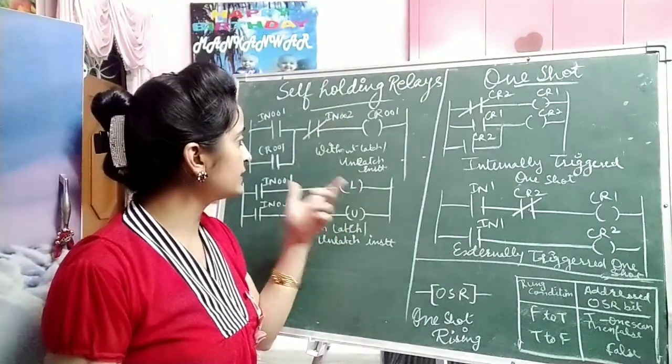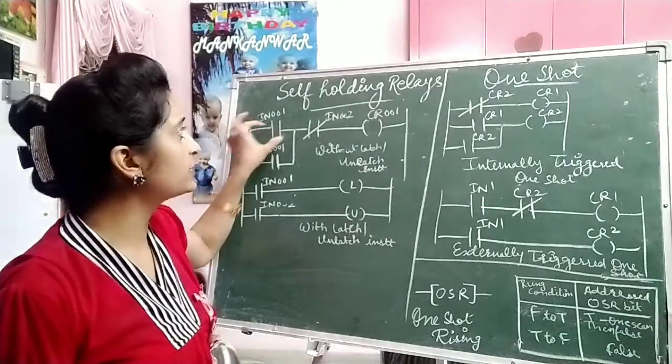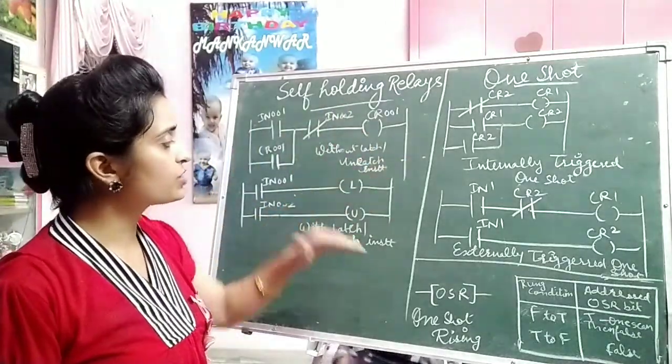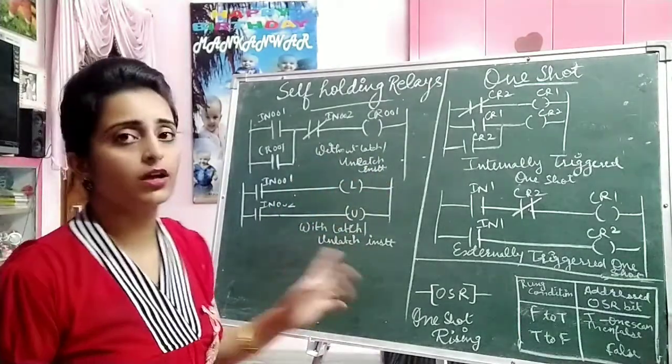In the self-holding relays, we use the input, that is the switch that we are using, and this is the output. We can use it in two ways: without latch or unlatch instruction, and with latch or unlatch instructions.